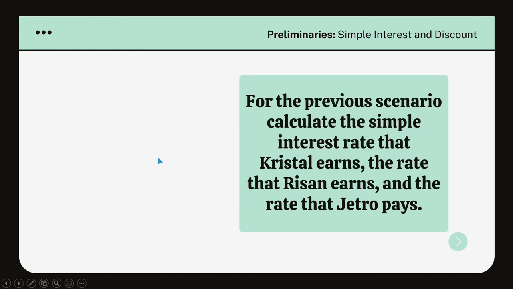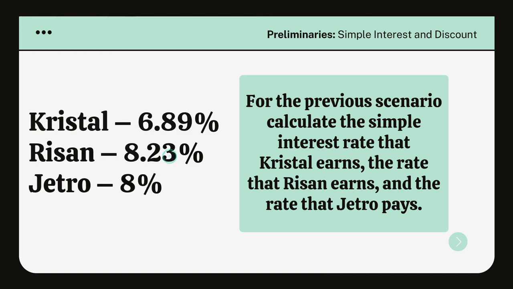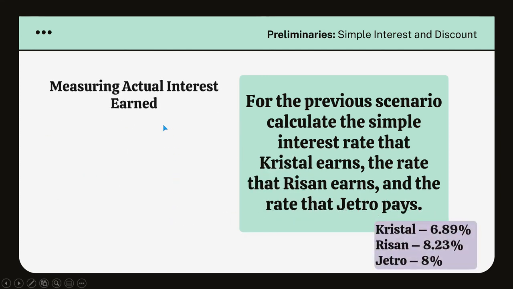For the previous scenario, let's try to calculate the simple interest rate that Crystal earns, the rate that Rizan earns, and the rate that Jetro pays. Let's try. Crystal will earn 6.89%, Rizan will earn 8.23%, and Jetro will have to pay 8%. Okay, let's start.